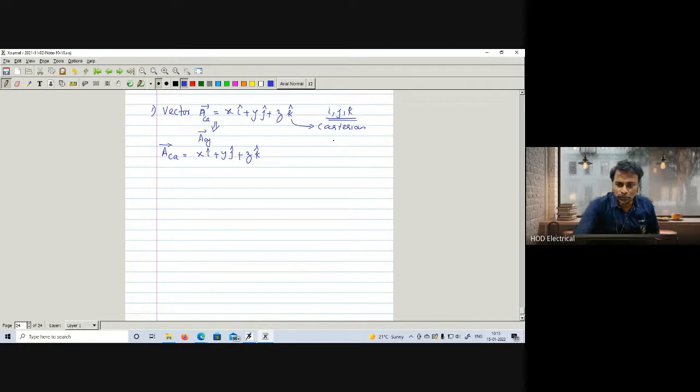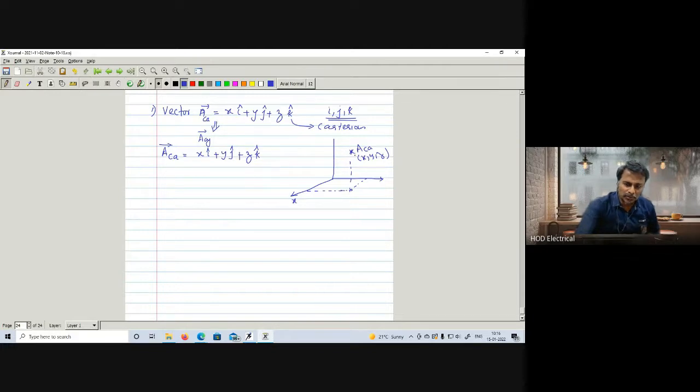That means your point is like this. We have x, so this is the x component and this is the projection. This is the point, with the vector having the point x comma y comma z.